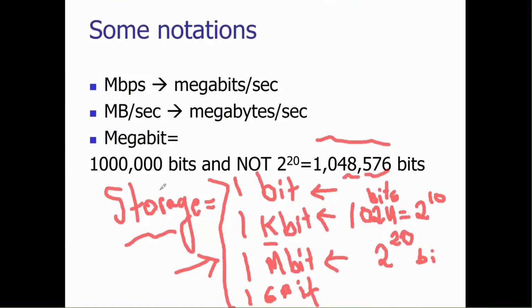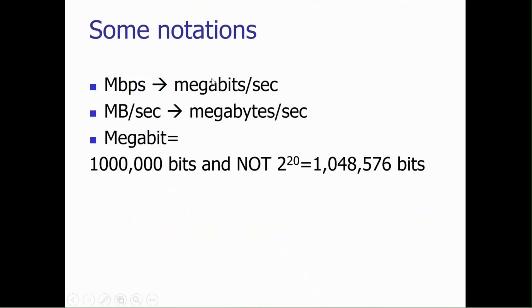So this is when we talk about storage. However, in networking, they came and said, you know what? What's the big deal? Let's not go with the same convention as they have in the computer storage. Now I'm talking about networking.